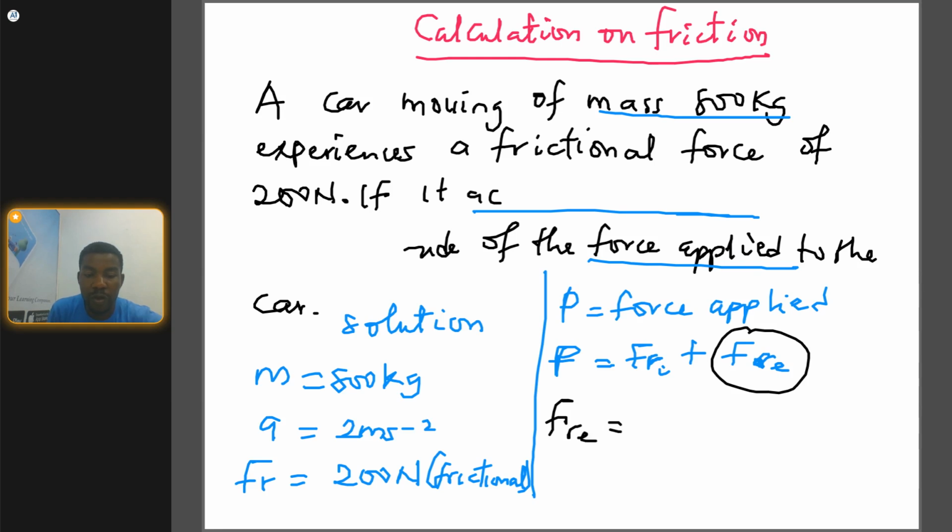So to get the resultant force, the resultant force equals mass times acceleration, and mass equals 800 kilogram multiplied by acceleration, which is 2. So we have 1,600 Newton. Now to get the force applied, we have frictional force plus resultant force.